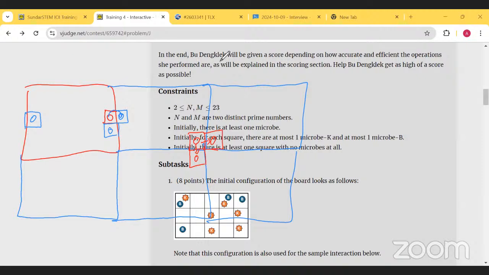Okay, did you understand? Yes, that's right. So if initially there is only 1 empty cell, then after we accelerate by 1, we will get 2 empty cells. Okay, until this point, did you understand?